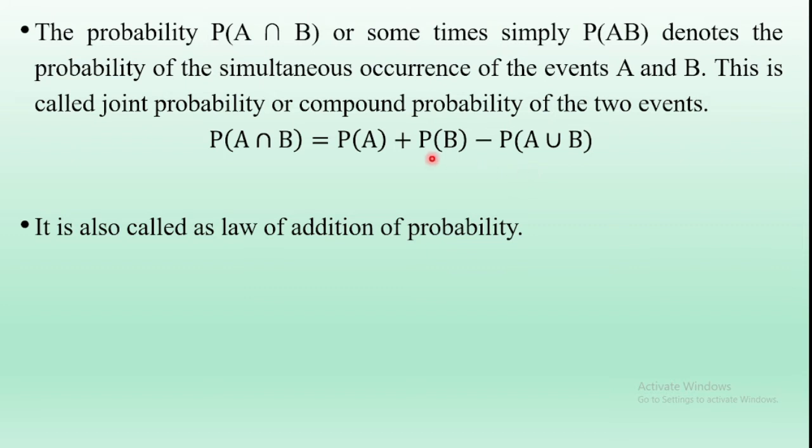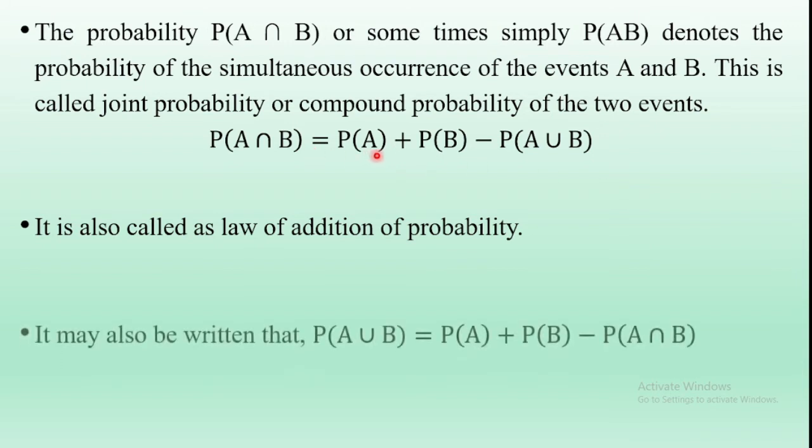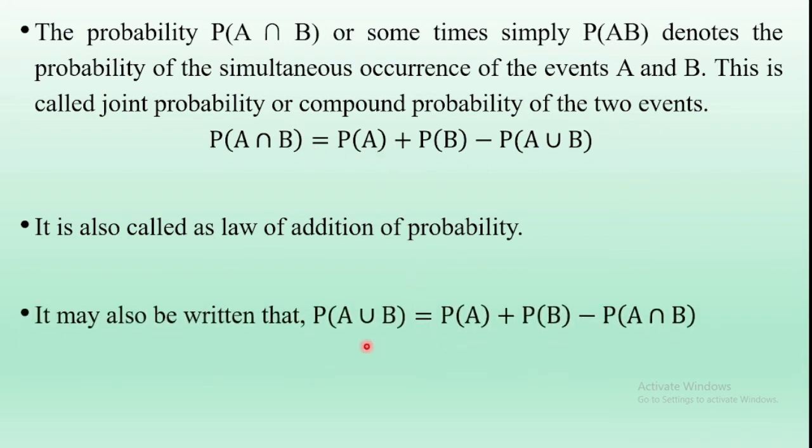Moving probability of A union B to the LHS and probability of A intersection B to the RHS, this equation may also be written as probability of A union B equals probability of A plus probability of B minus probability of A intersection B.